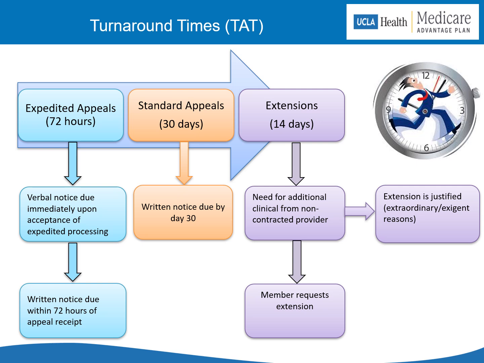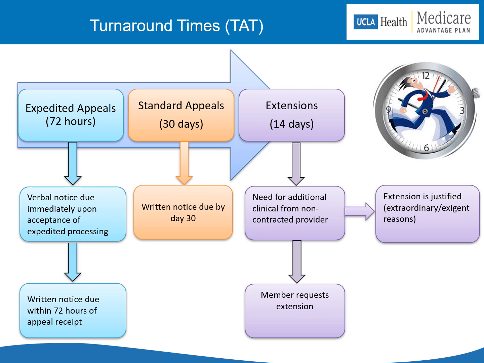If there is an extension that is justified due to extraordinary or exigent reasons, we may also take those additional 14 days. Now, we do need clear policies and procedures that tell us or the clinicians when and what will be considered extraordinary or exigent in order to do those 14-day extensions.